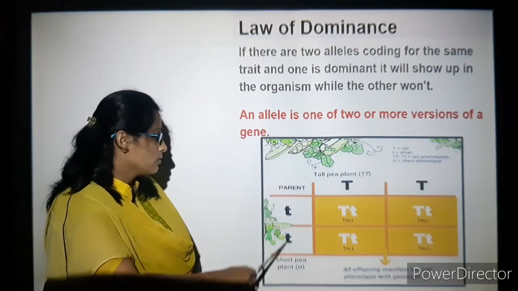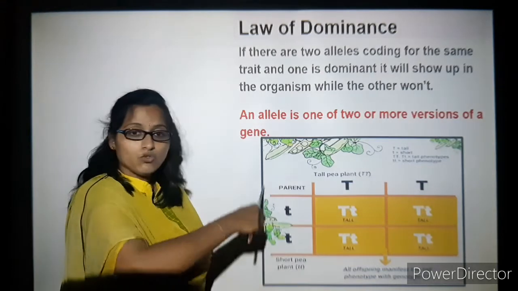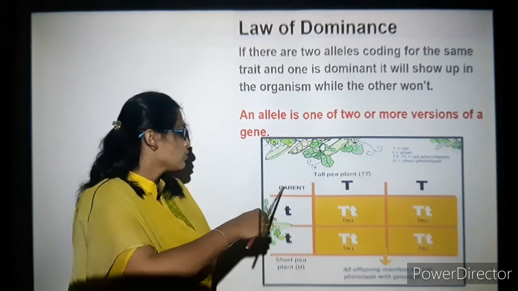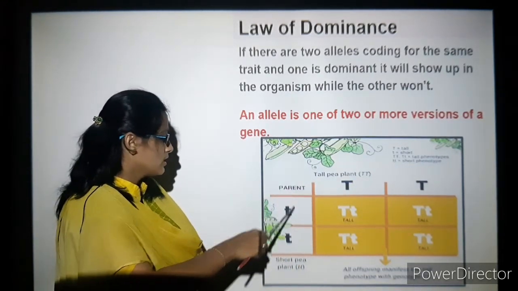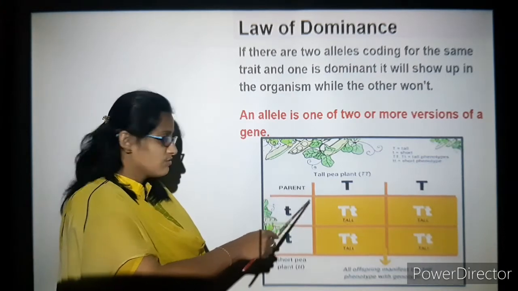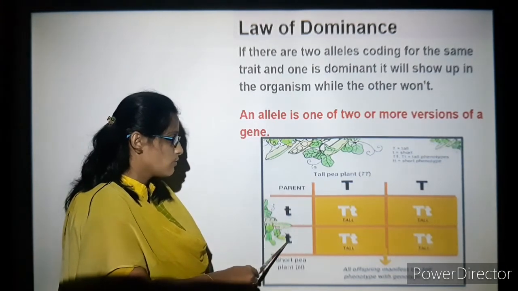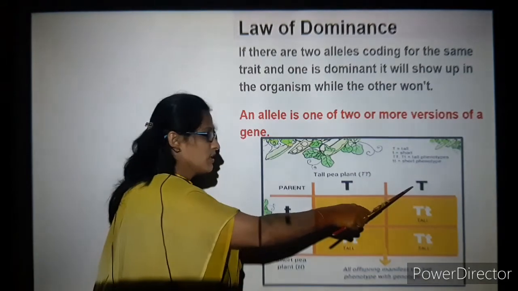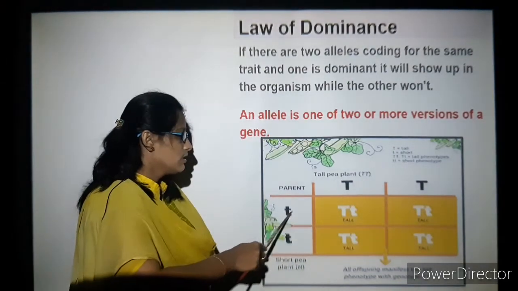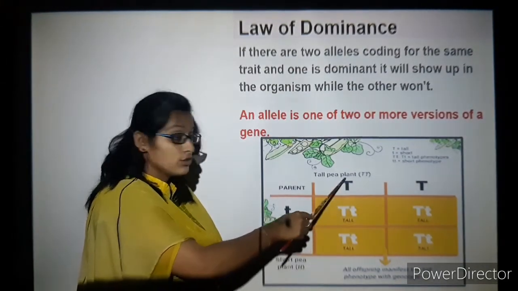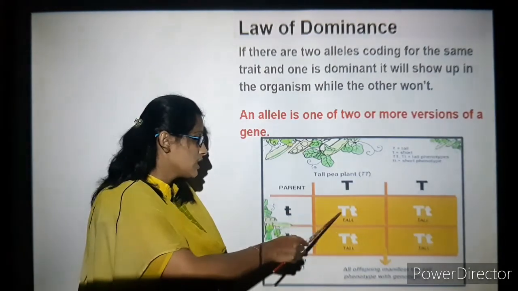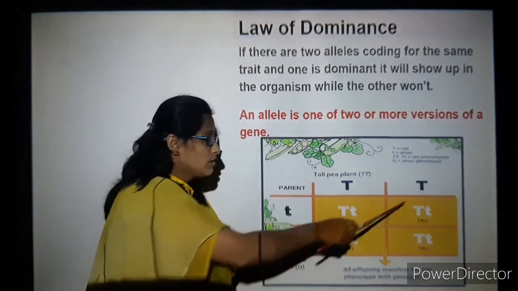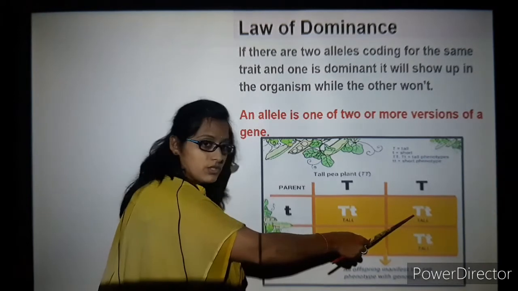So here you can make a Punnett square. This is known as a Punnett square board. You can write here parent. So this is the recessive gene, small t, and big T and big T. Now you will cross it. So it becomes big T. First you will write the dominant one. Big T and small t becomes tall. Then again big T and small t, it becomes tall.